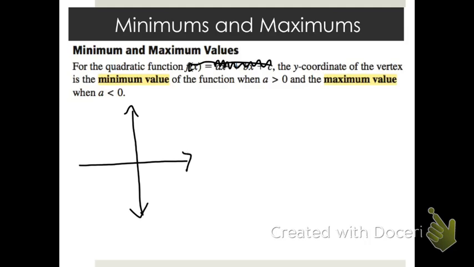So I'm going to draw my xy plane. So when a is greater than 0, I will have a graph that looks like this. And the reason why it'll be upward facing is a negative a means that I have some sort of reflection going on.